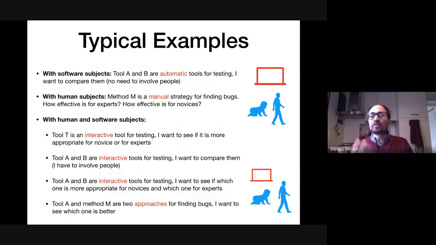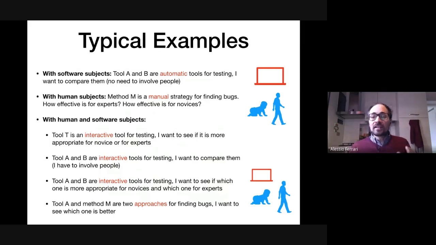So I manually review the code, and I search for bugs according, I don't know, to a certain checklist, for example, a new checklist for finding bugs or also other defects in the code. My question can be, how effective is this guideline, this checklist, for experts, and how effective is it for novices? Okay, what are the differences between novices and experts in adopting this type of method?